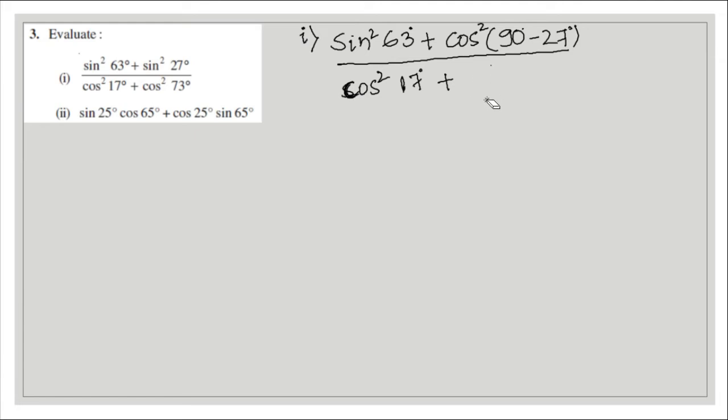Here it should be sine square, the complementary is 90 degree minus 73 degree.